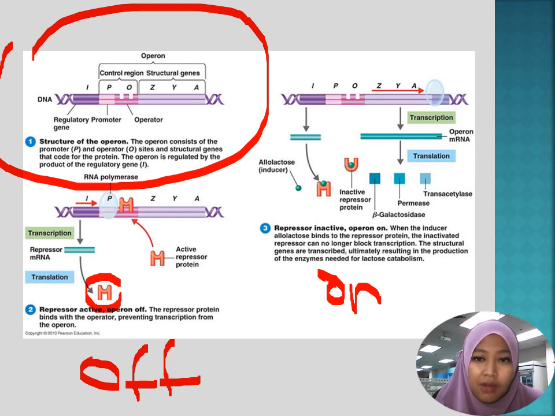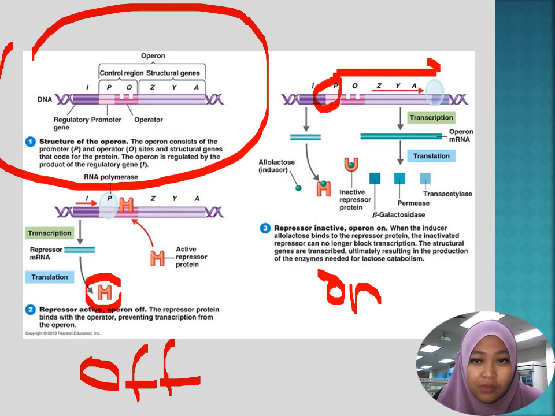So what happens when you drink milk? A small molecule, we call it allolactose, or the lactose, will become an inducer. When it binds to the repressor, the repressor changes shape. So when it changes shape, it cannot bind, or it is not fit enough to the operator. As a result, the RNA polymerase right now is located here and is free to run through.